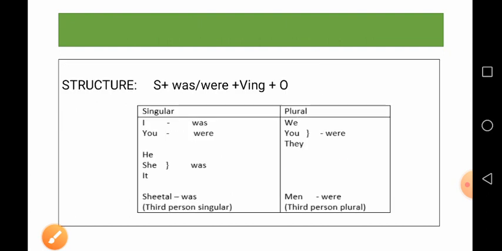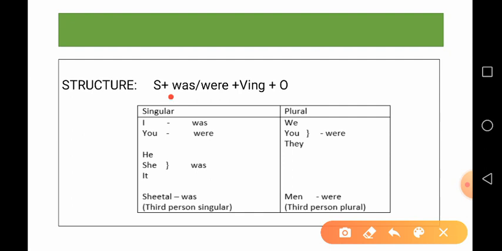So in the past continuous tense, we use was or were and then verb ing. So the sentence structure is subject plus was, were plus VING plus object.